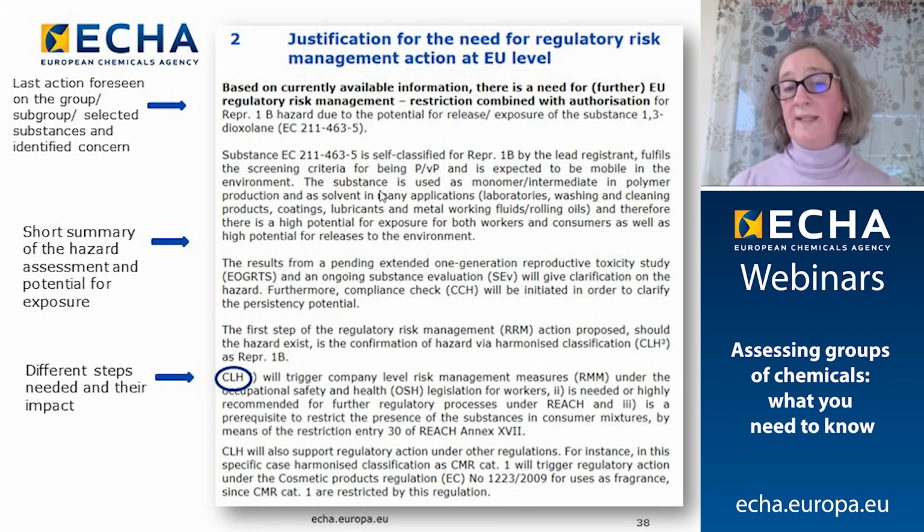We will also specify that if we actually want to go, for instance, to authorization or restriction, this is the recommended first step under REACH. And it is, of course, also a prerequisite to restrict the presence of the substance in consumer products as per restriction entry 30. So it already shows what the impact will be on the substance as such and on the uses, based on the CLH.